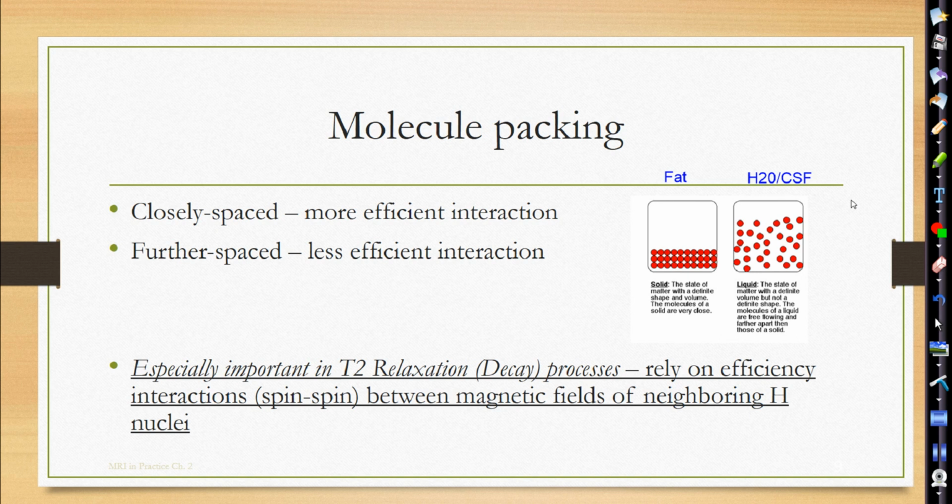Spins interact with other spins more efficiently, and they give off energy to each other. If there's further space, there's less efficient interaction, and they're not going to come in contact with another spin. They might be floating around randomly, and every once in a while they'll give energy to the other spin. This is especially important when we're talking about T2 relaxation. T2 relaxation can also be denoted as spin-spin, so make sure you write that down.